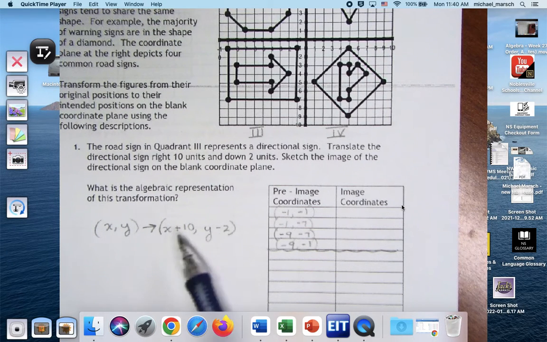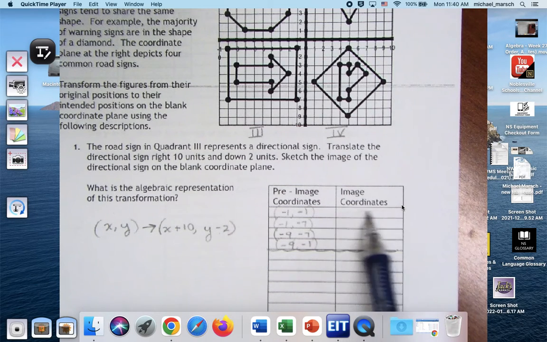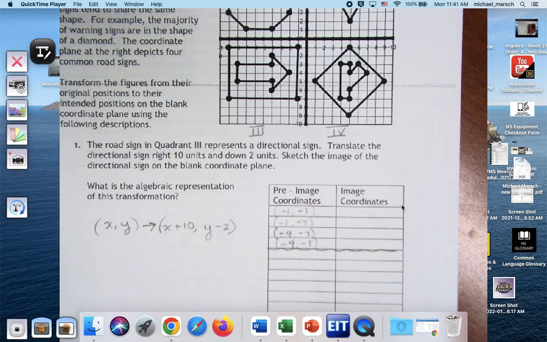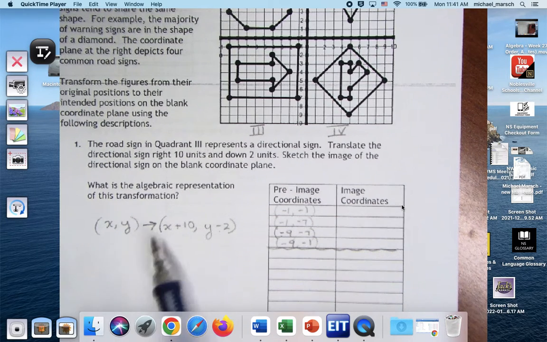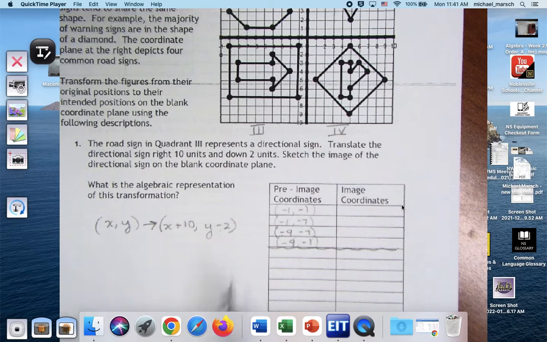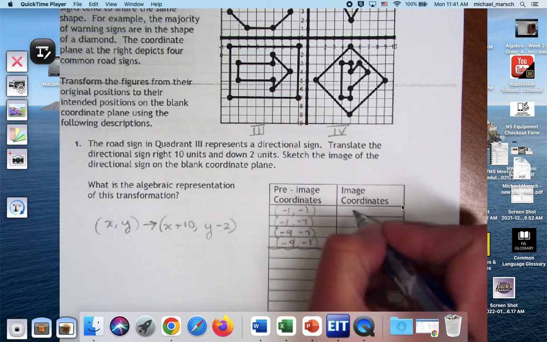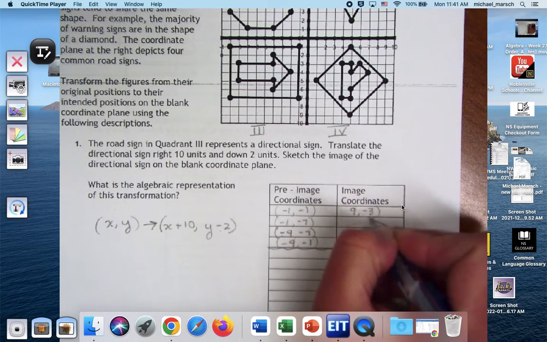So then if this is the transformation I'm going to do, what would this ordered pair for my image turn into? -1, -1. I'm going to add 10 to the x and subtract 2 from the y. So 9 and -3. Yep.